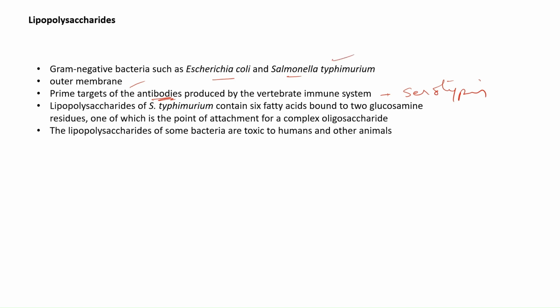The lipopolysaccharide of typhimurium contains 6 fatty acids bound to 2 glucosamine residues, and to 1 glucosamine residue, complex oligosaccharides are attached. The lipopolysaccharides of some bacteria are toxic to humans, because of which when these bacterial infections occur, we experience toxic shock syndrome. This results when gram-negative bacteria cause infection in our body.